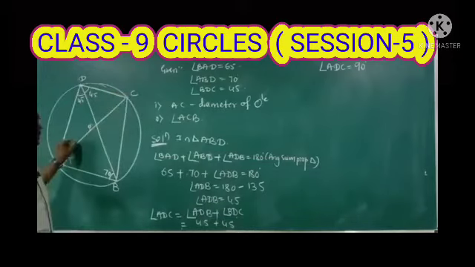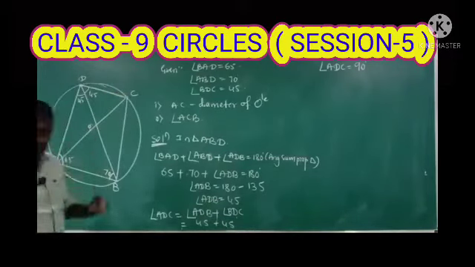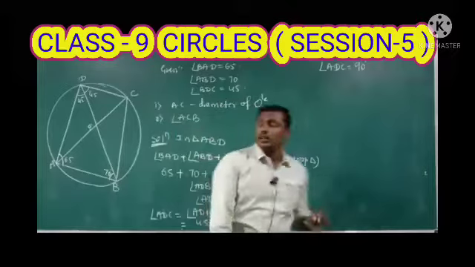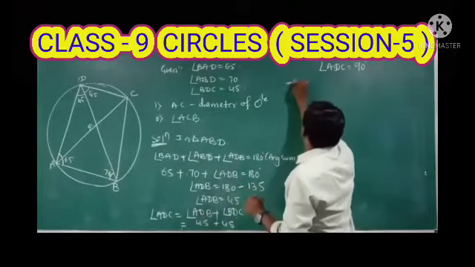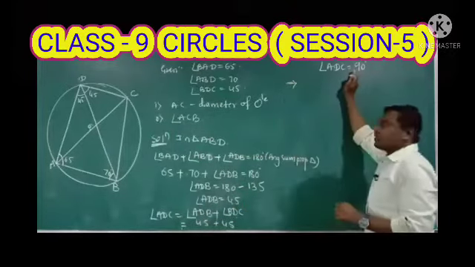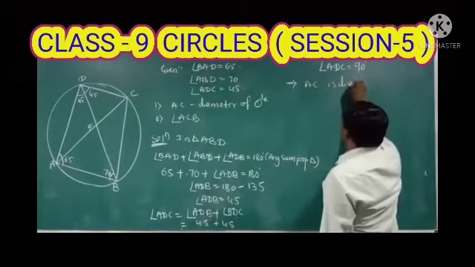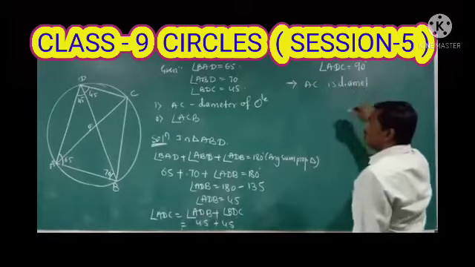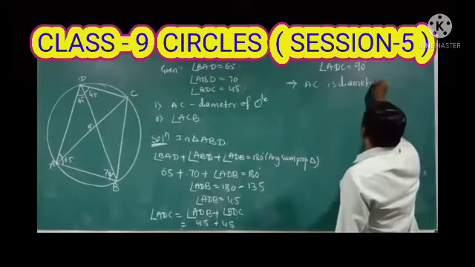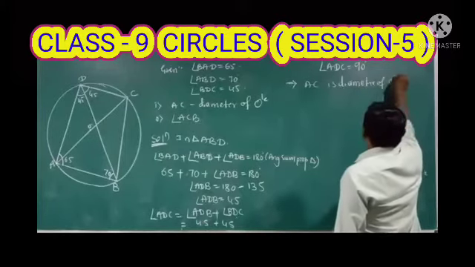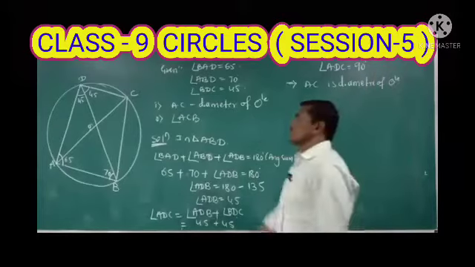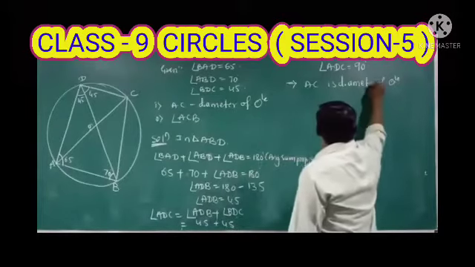So here AC is a diameter. If angle ADC is equal to 90 degrees, it means AC is a diameter of the circle, right?